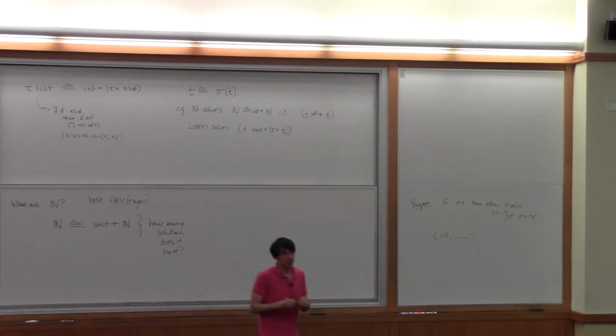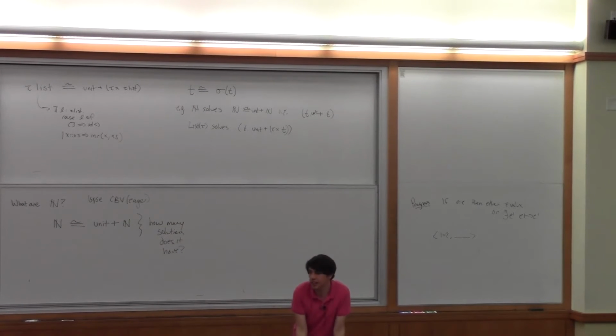That is, does it make sense to say n is the solution to that equation? Or might there be many types that have that property that they solve that equation? Any ideas?